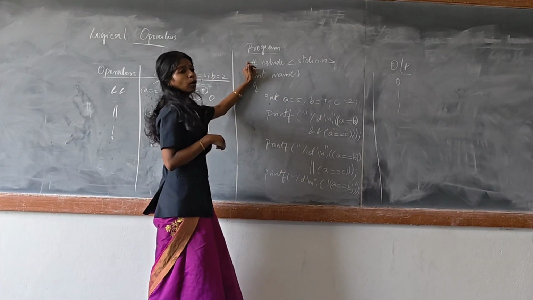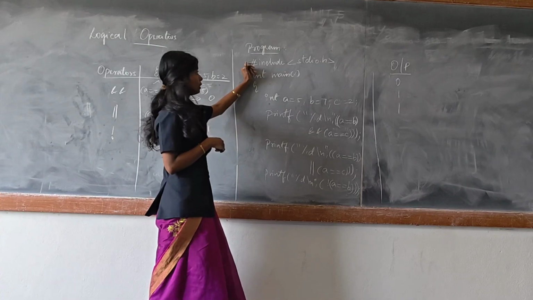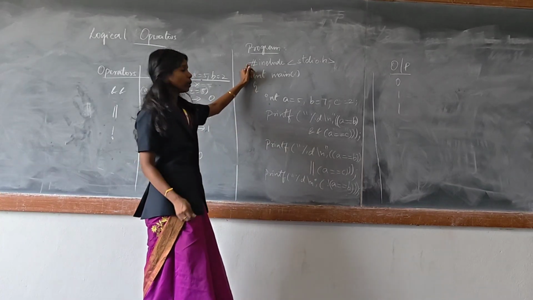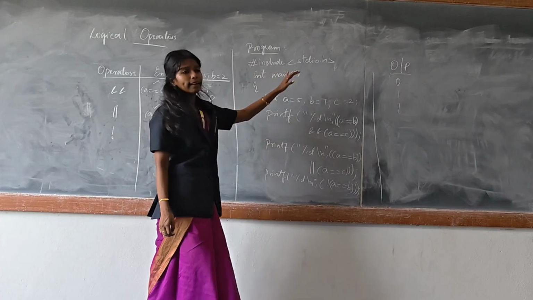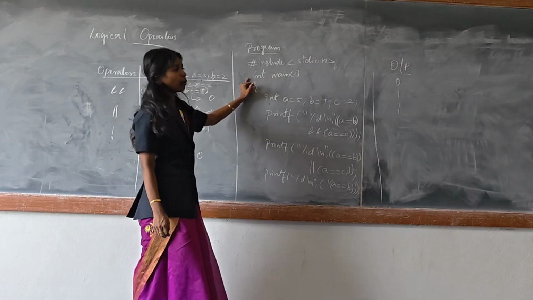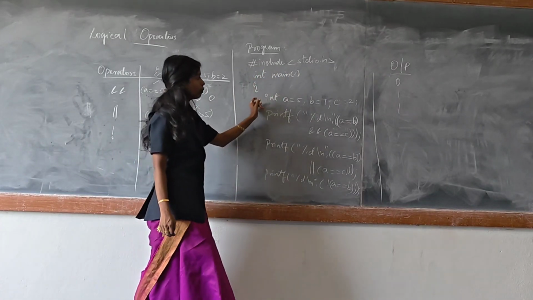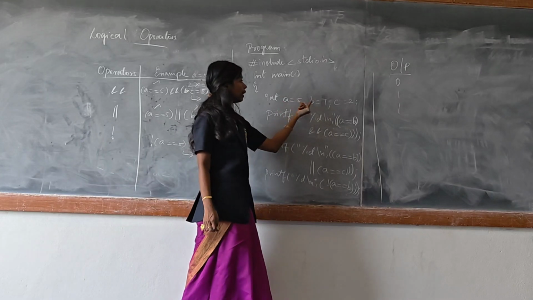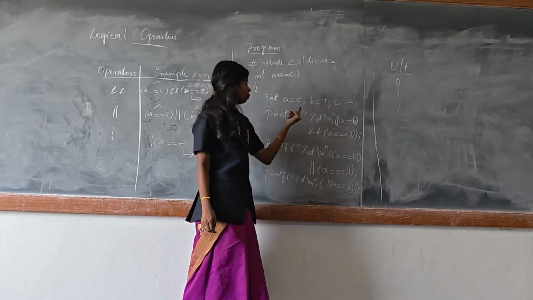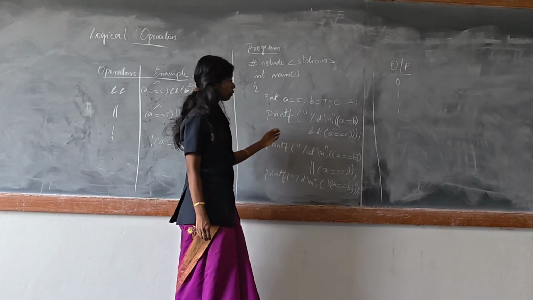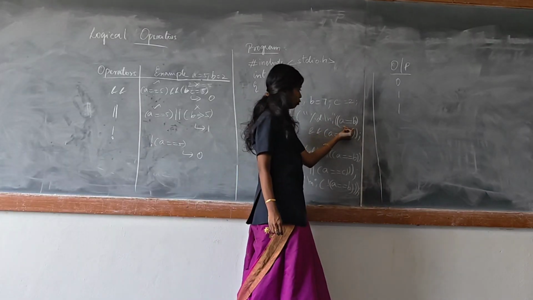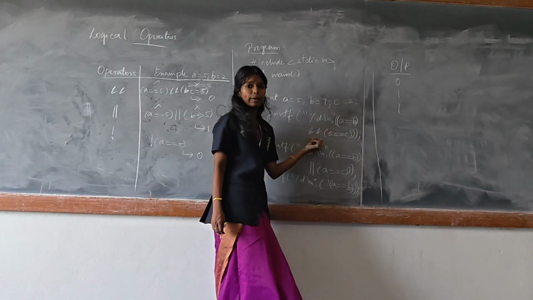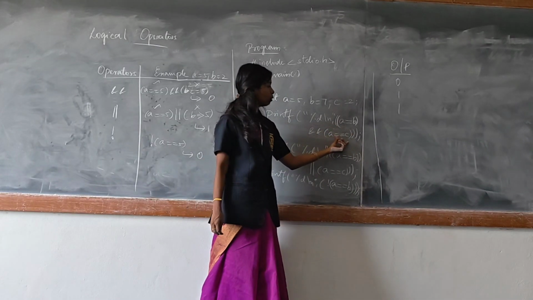Here I have written the header file of the C program, hash include stdio.h. Next I have started the main function. In this I have set the value of a equal to 5, b equal to 7 and c equal to 2. So I have printed a equal to b, logical AND operator, that is ampersand, a equal to c.